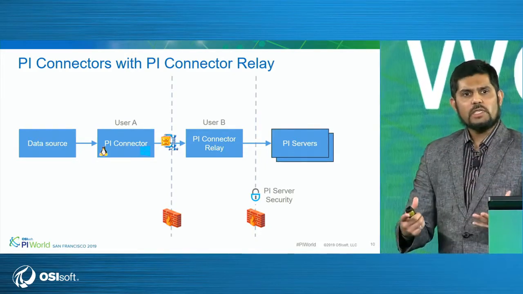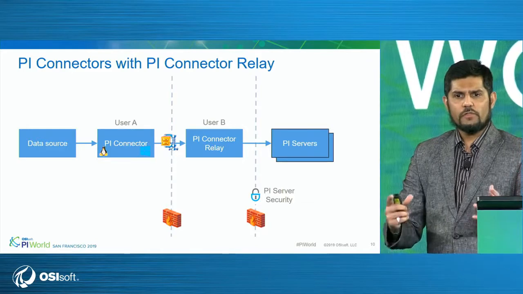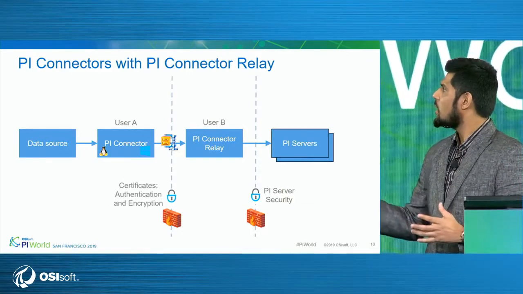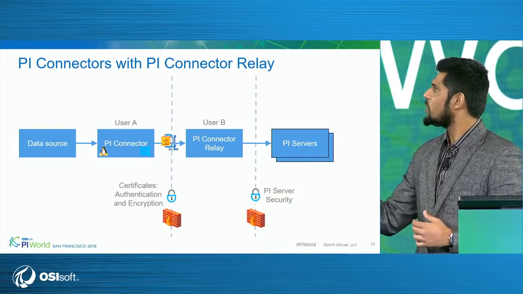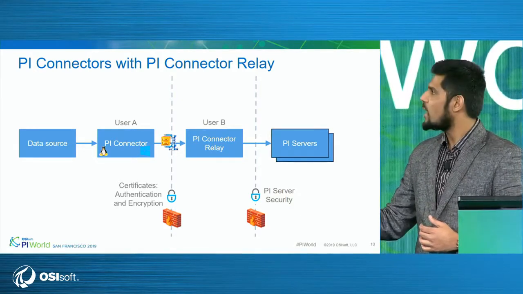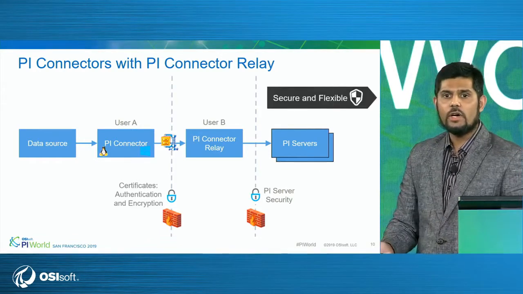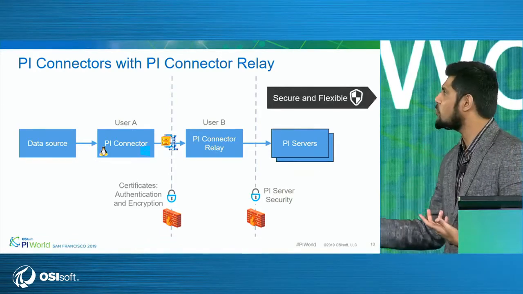This arrangement allows you to derive flexibility when architecting your setup, while the encryption between the connector and the relay is done using certificates. Thus, it provides a very secure and flexible mechanism to transfer data.